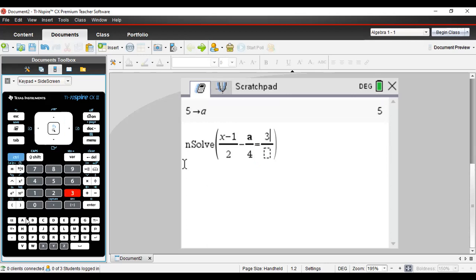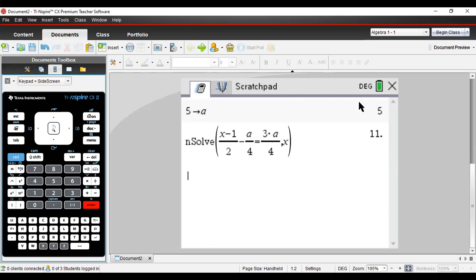This is going to be 3A over 4. And then I'm going to do comma. Now, if you look at this equation, the only thing that's not highlighted, which means there's nothing in there and it's really a variable, is the X. So I'm going to do comma X. And then I press enter. So it tells me that the answer is 11.